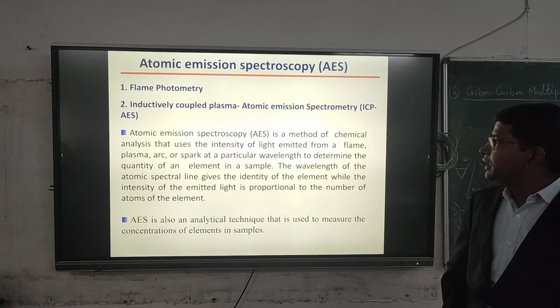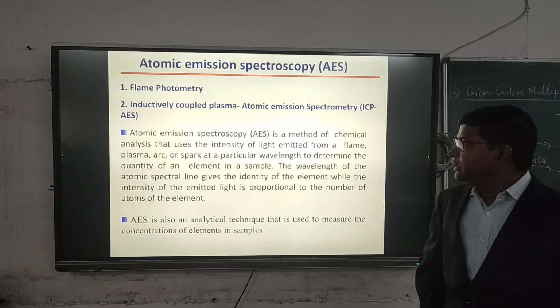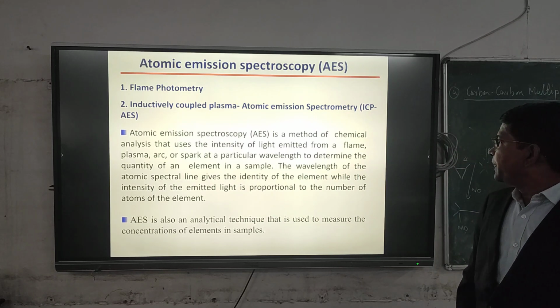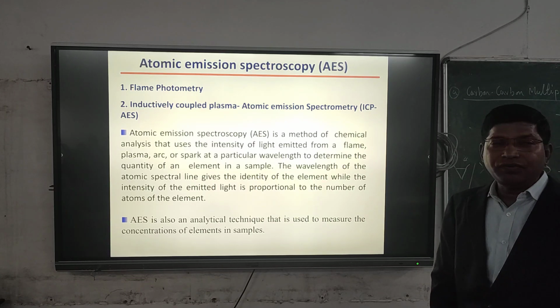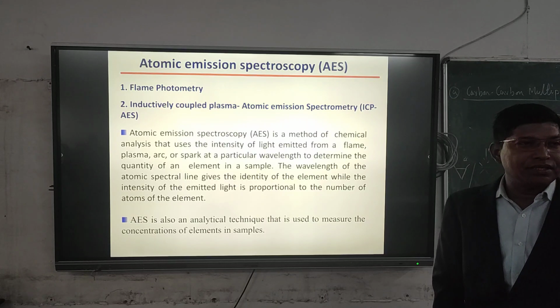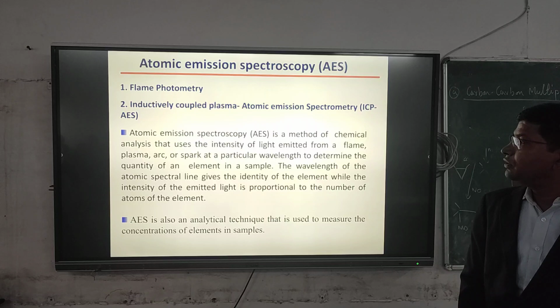Generally, atomic emission spectroscopy is a method of chemical analysis that uses the radiation emitted by the flame. If you use a flame as the atomization or excitation source, then it is called flame photometry.